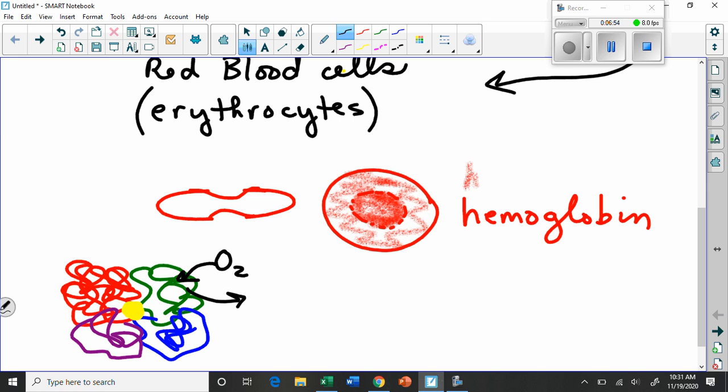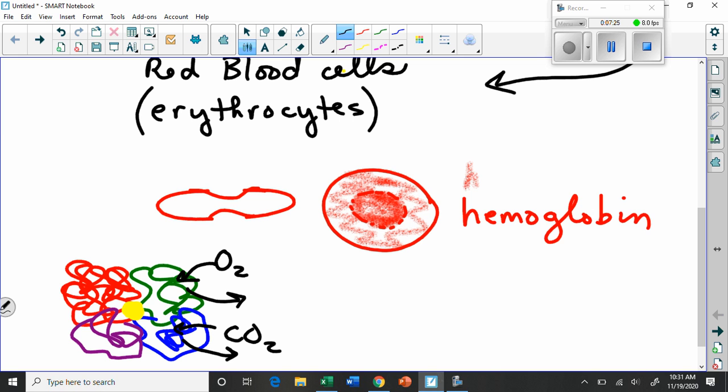So it's a great molecule for picking up oxygen in a lung, bringing it to a cell, and releasing it so it can be then used by the cell. And of course, it can also bind carbon dioxide and release it. So this molecule in the red blood cells is basically what gives our blood the ability to transport carbon dioxide and oxygen. Oxygen to our cells and CO2 away from them to get rid of, right? As kind of a waste product.